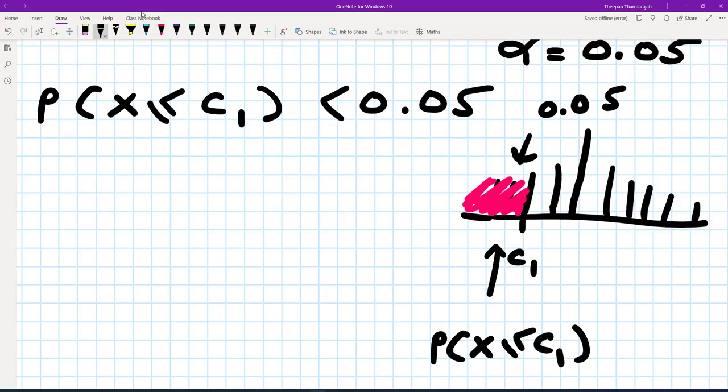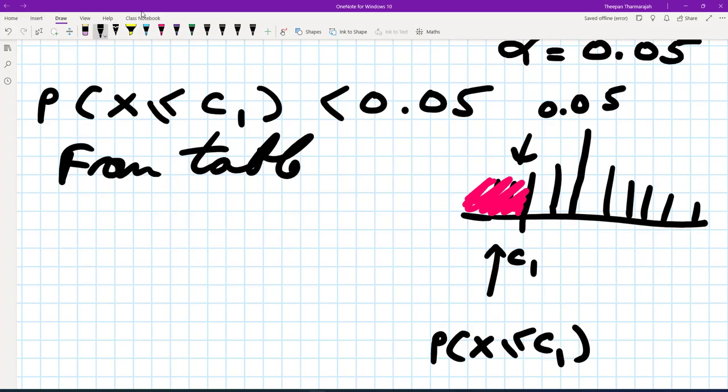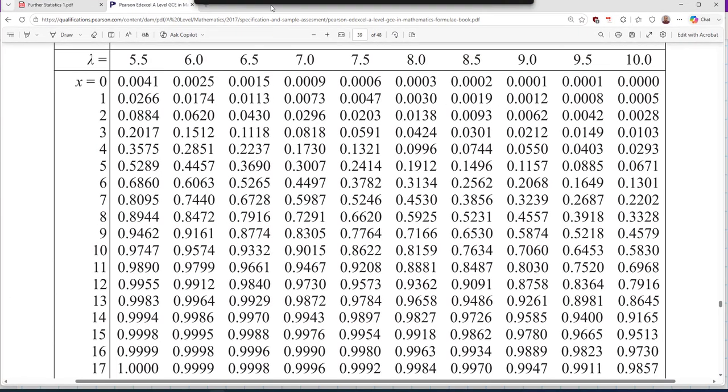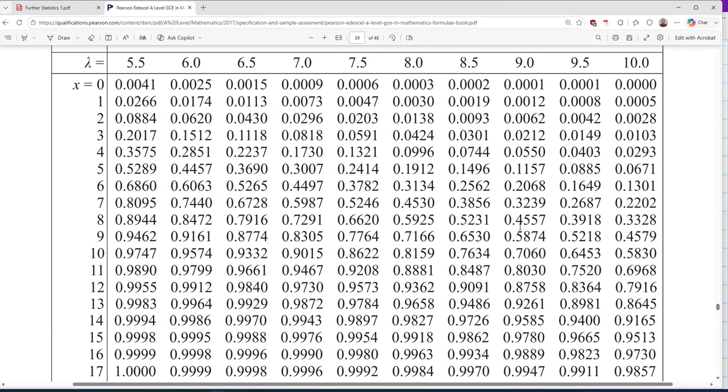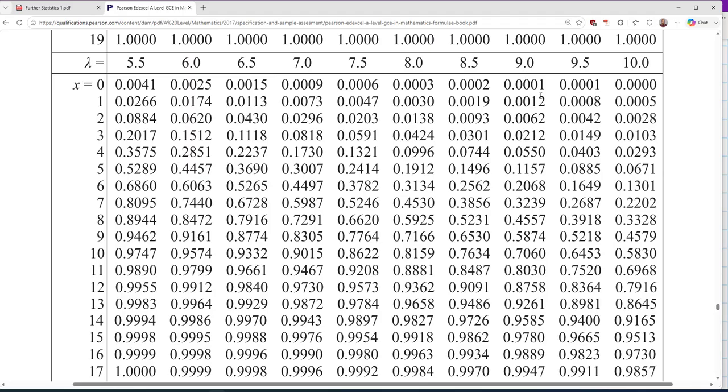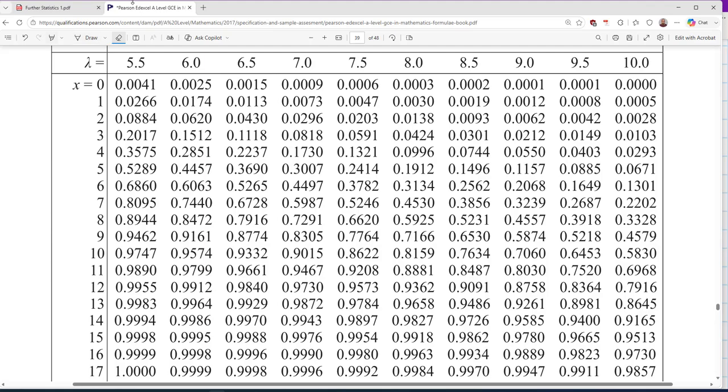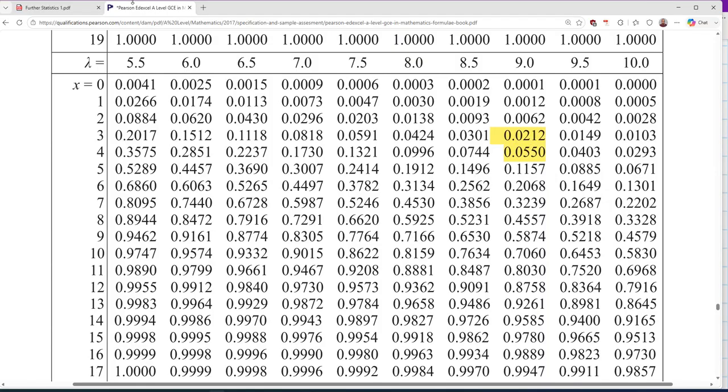So we can use tables, as I alluded to in previous videos. From tables, we're going to look at lambda 9 and find the value strictly less than 0.05. So go to lambda mean 9, get a highlighter, and we want this value and that value.